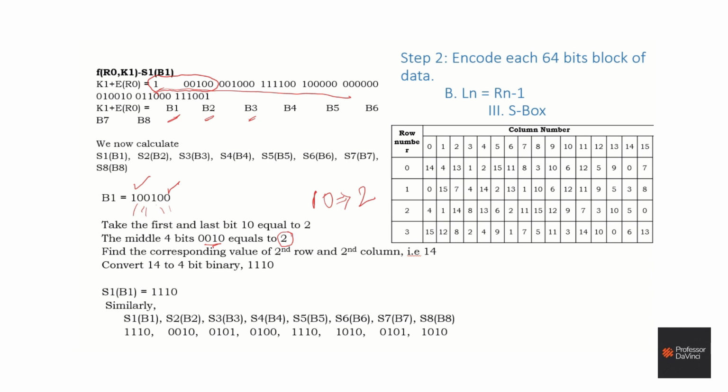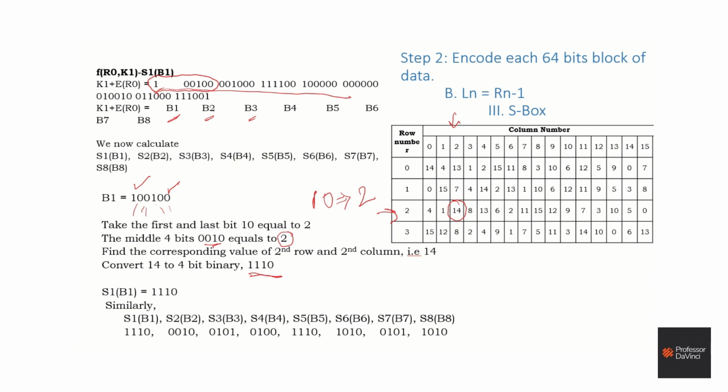Now from this 2 and 2, we need to find the value from the S-box. In the second row and second column, we got 14. Convert the 14 decimal to binary, so we will get 1110.